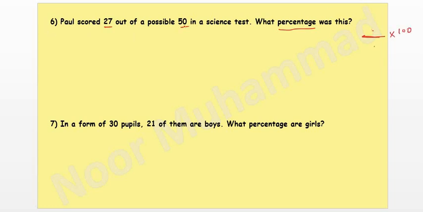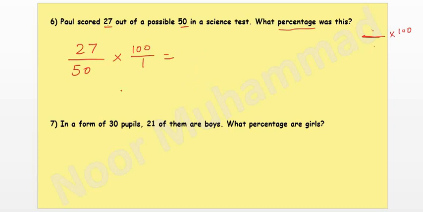So right now the total marks are 50 and he got 27 out of 50. So if he is getting 27 out of 50, what percentage will it be? You will multiply it just by 100 to change it into percentage. Like we got the fraction, to change any fraction into percentage, we multiply it by 100, right?